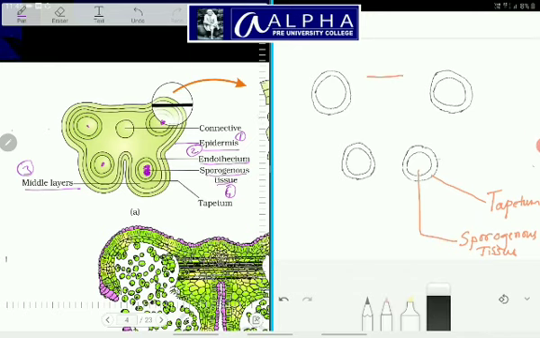I use pencil. 1, 2, 3 lines. I'm marking 3 lines here in the same way, this side of the diagram. The distance between one line to another line should be same. There should not be any variation. The gap should be same.